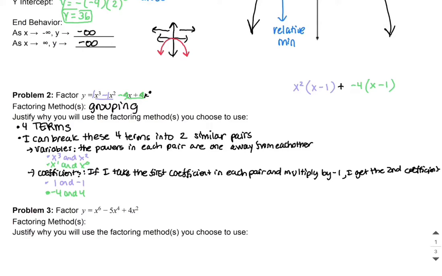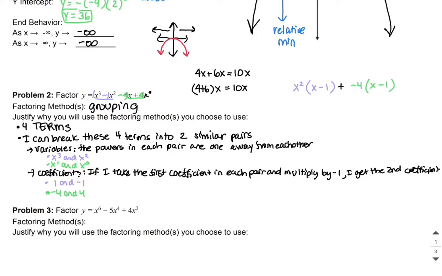Now, because these two pairs share a common factor, I can add them together. Just like if I had 4x plus 6x, like terms, I could add them together to get 10x. This is really saying I have 4 of x plus 6 of x. I have a total of 4 plus 6 of x.